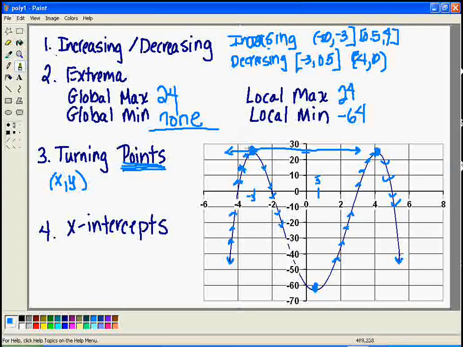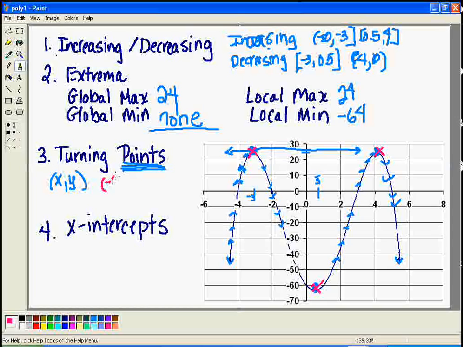So I have basically a turning point here, increasing, reach the top of the mountain, and I start decreasing. I have a turning point here, and I have a turning point here. Now, like I just said, we talk about them in terms of both the x and the y.